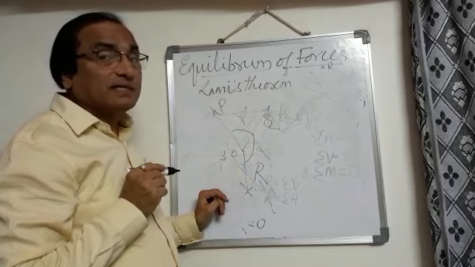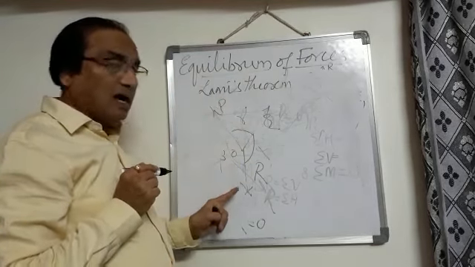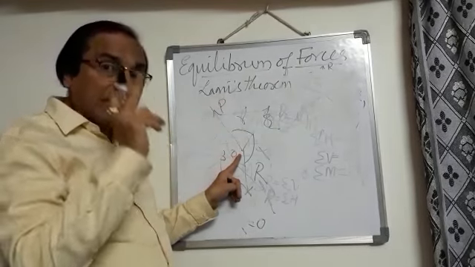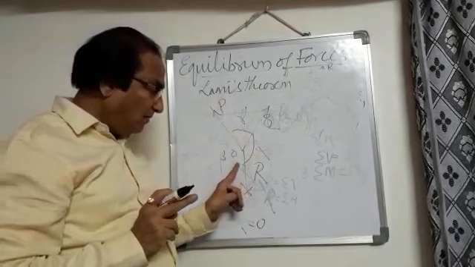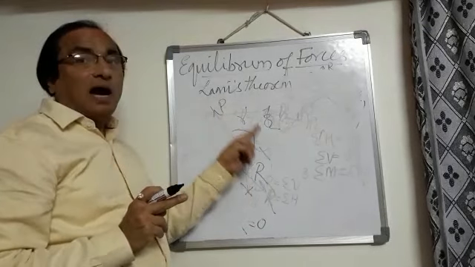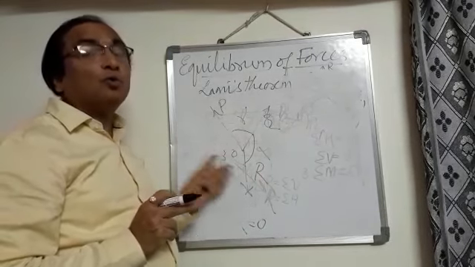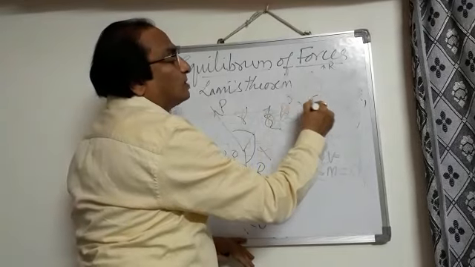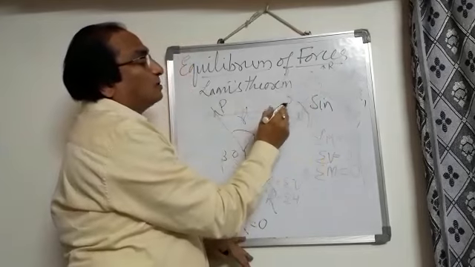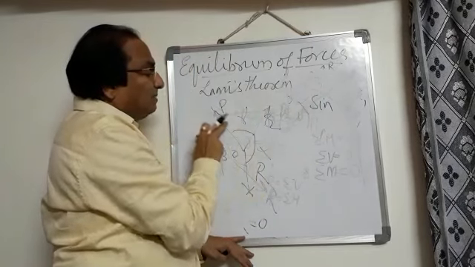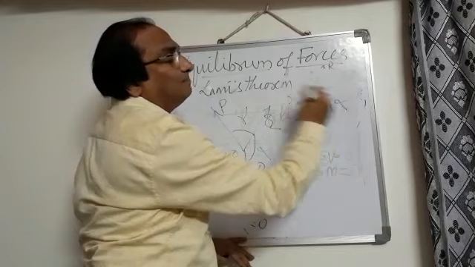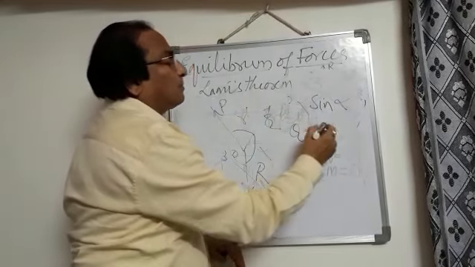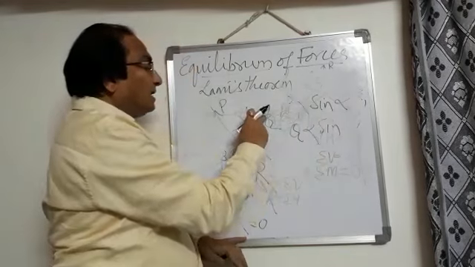Now the statement says that if P, Q, R are the three forces simultaneously acting at a point are in equilibrium, and alpha, beta, gamma are the angle made between the other two forces, then the force P is proportional to sine of the angle between the other two forces. Which is the force P and what is the angle between the other two forces? Alpha. Likewise, any force Q is proportional to the sine of the angle between the other two forces.